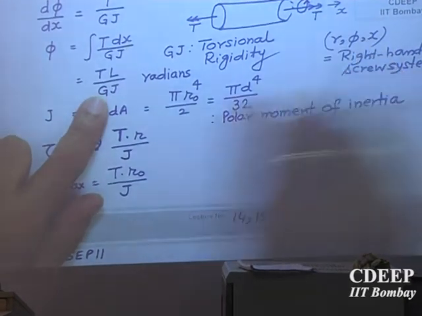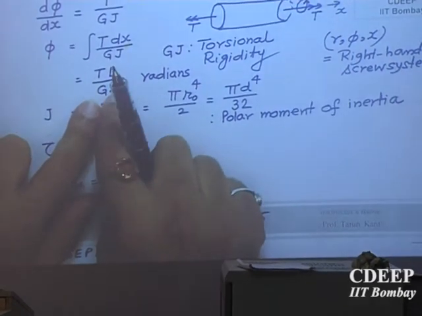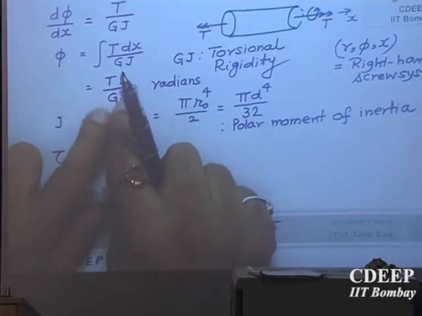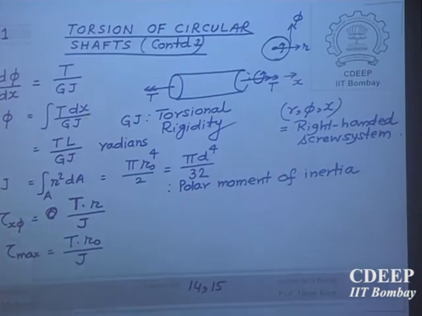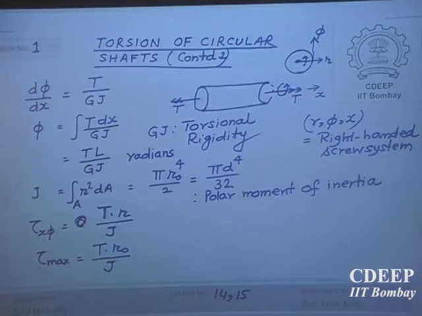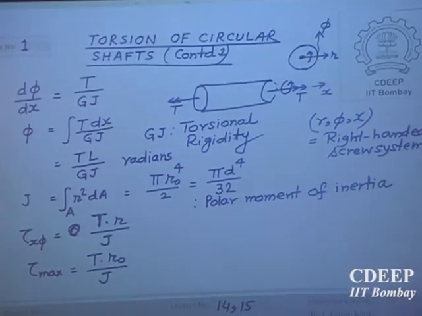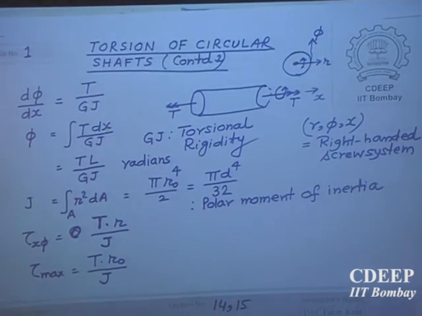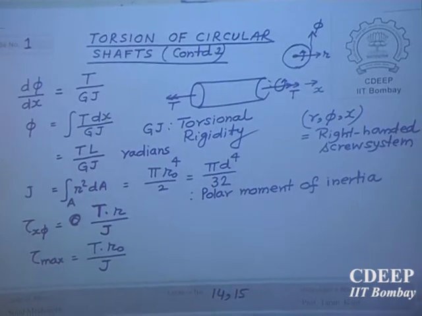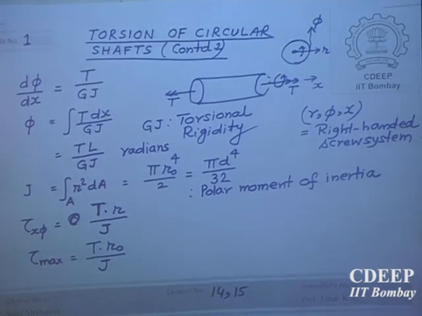And then I told you that there is a similarity of this formula with the formula given for an axially loaded member. Delta, the displacement of an axially loaded member, is PL by AE. What is AE called? AE is called what?